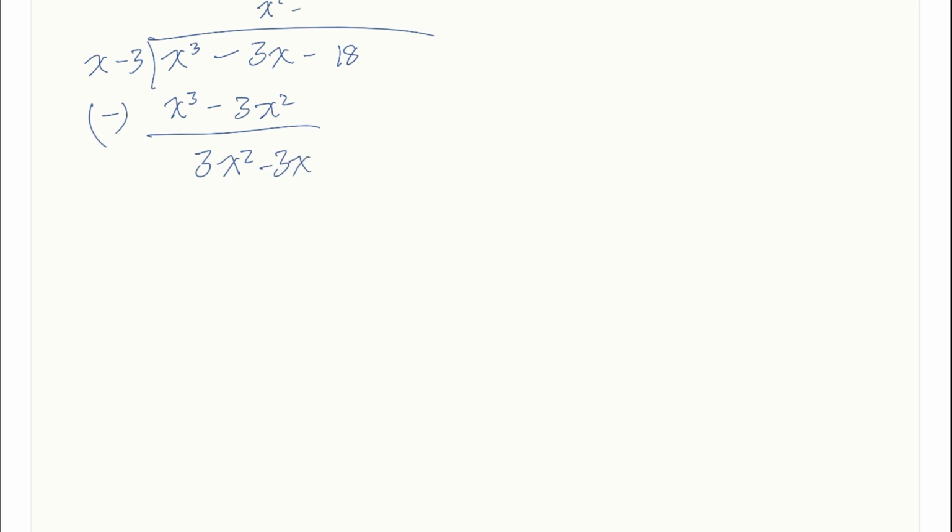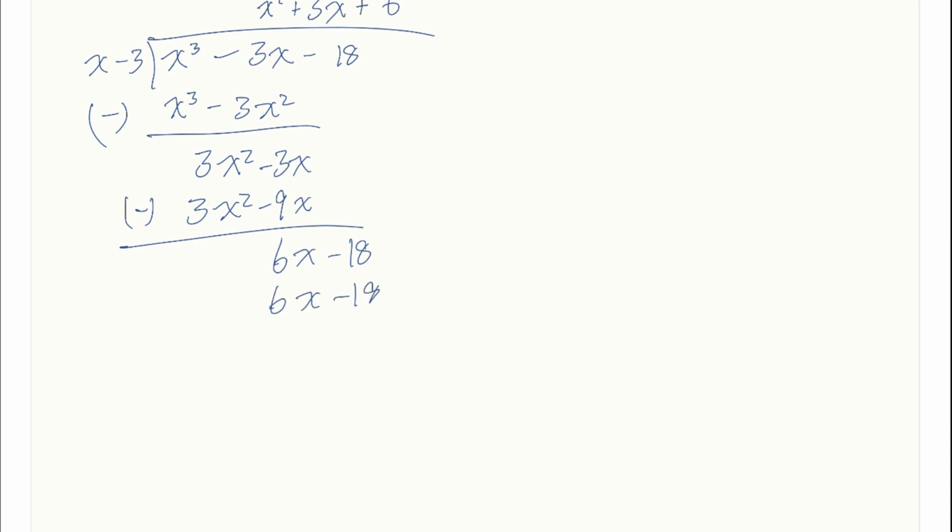We throw in a 3x, so 3x squared minus 9x. Subtract again. Then we get 6x minus 18, so positive 6. And then that leaves us with the remainder of 0.